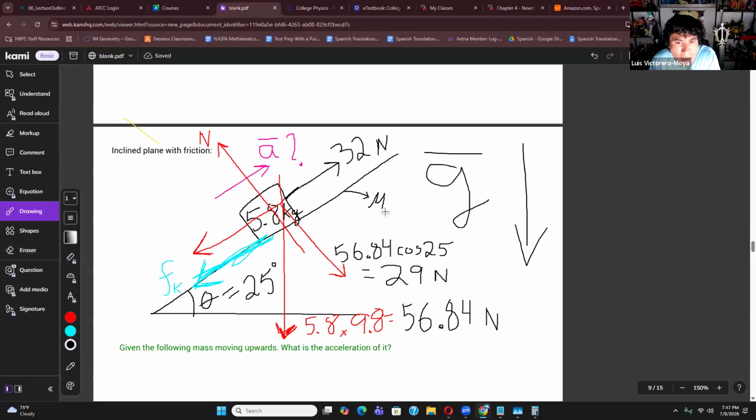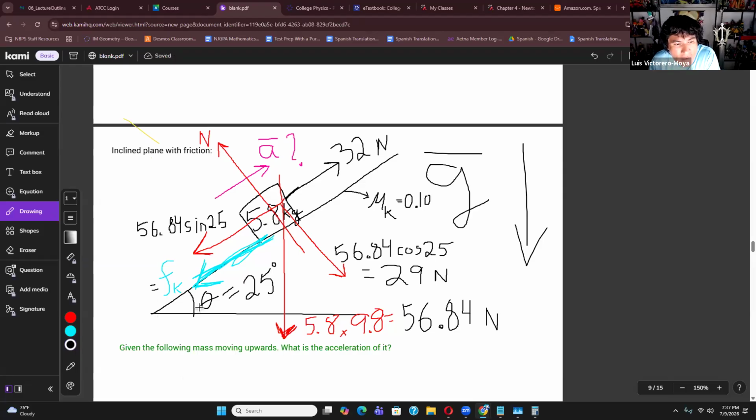Mu k is 0.10. So this one is mg sine of 25. Fk, what's Fk equal to?